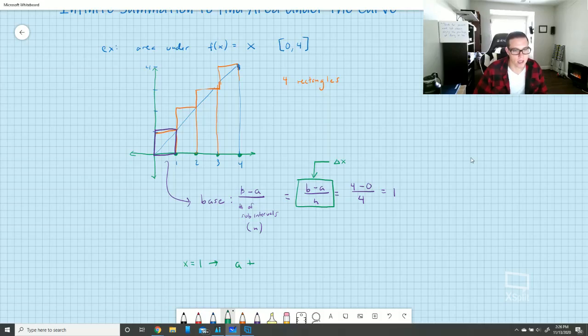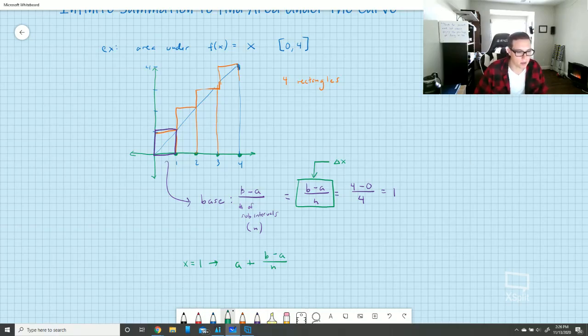Because if the base length is 1, adding that will get you to the end of the rectangle's base. So b minus a over n. Think about it. If a is 0 and this base length is 1, then at 1, that's one way to get to this point right here.